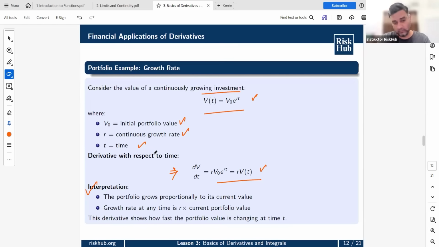Meaning the bigger the portfolio becomes, the faster it grows.